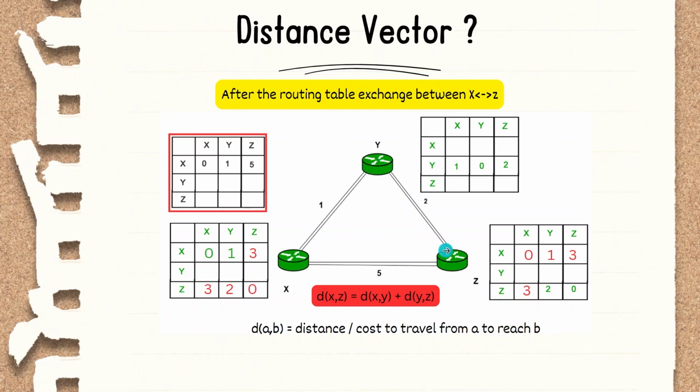So I should update my path, and this was the older routing table, and this is the new routing table. Now it also has the Z entry.